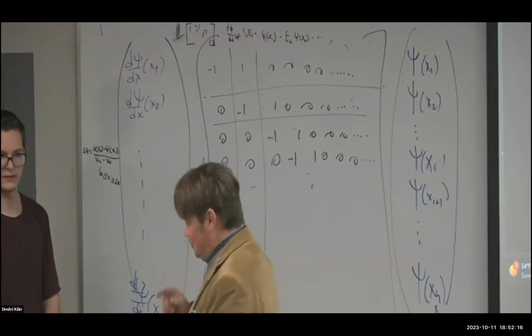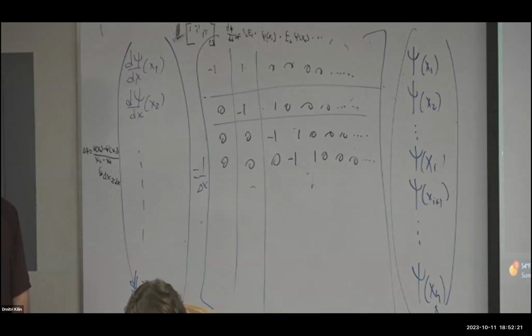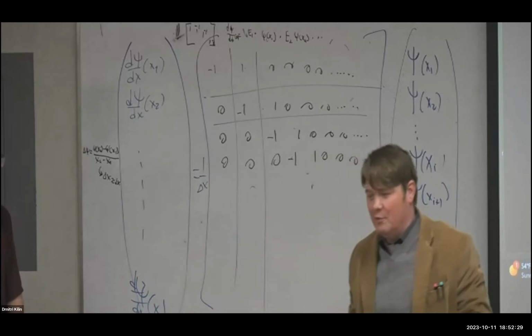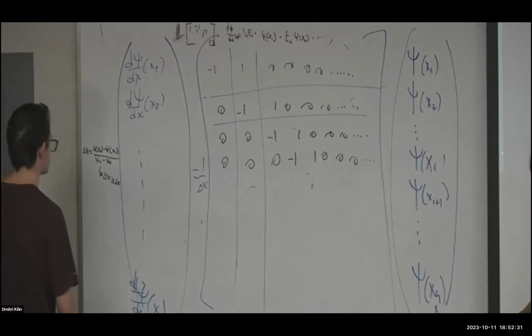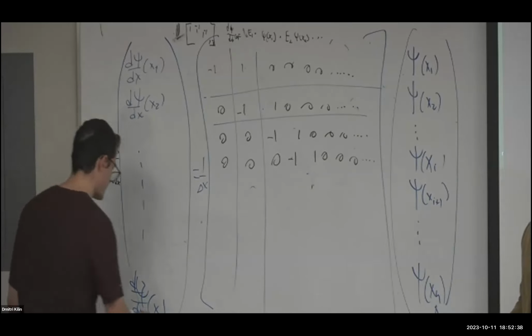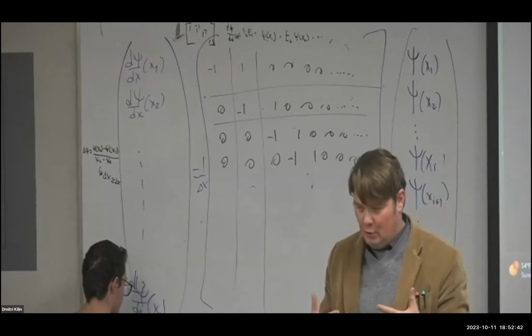Yeah, negative i over h bar. Oh shoot, I didn't memorize it. Just conceptually, we don't need to memorize things. What is momentum in the quantum world? We discussed it with White, and we found agreement between our views.